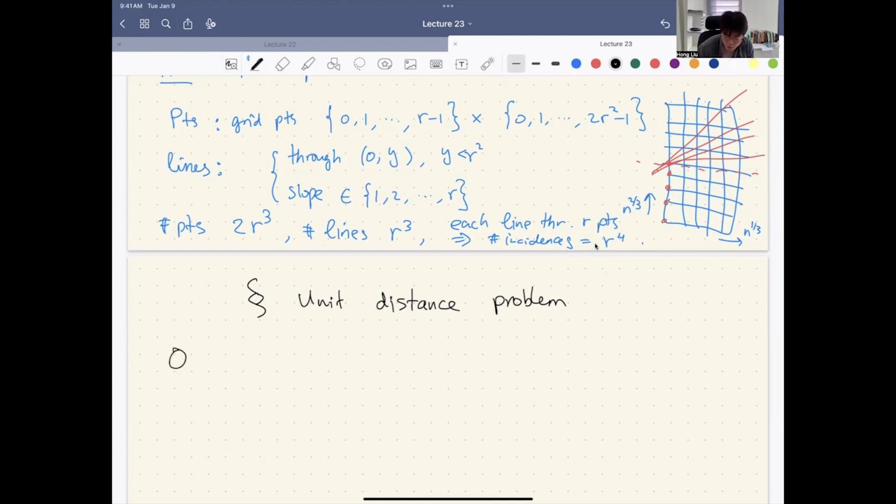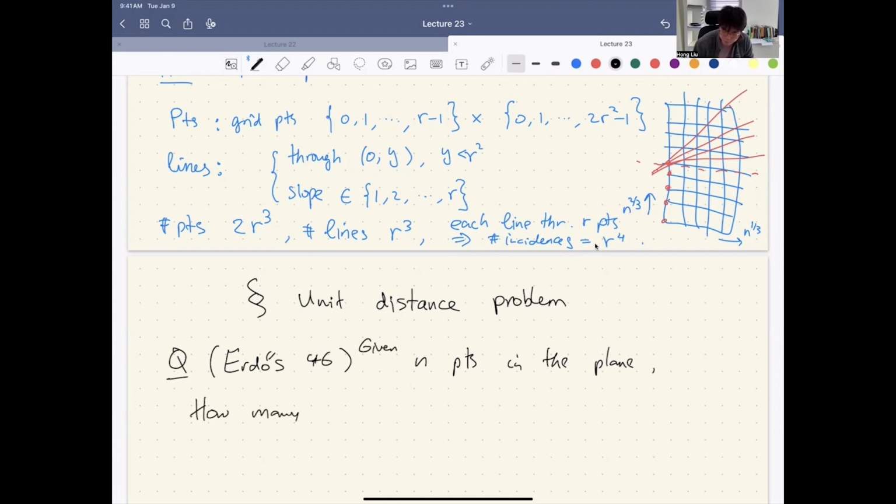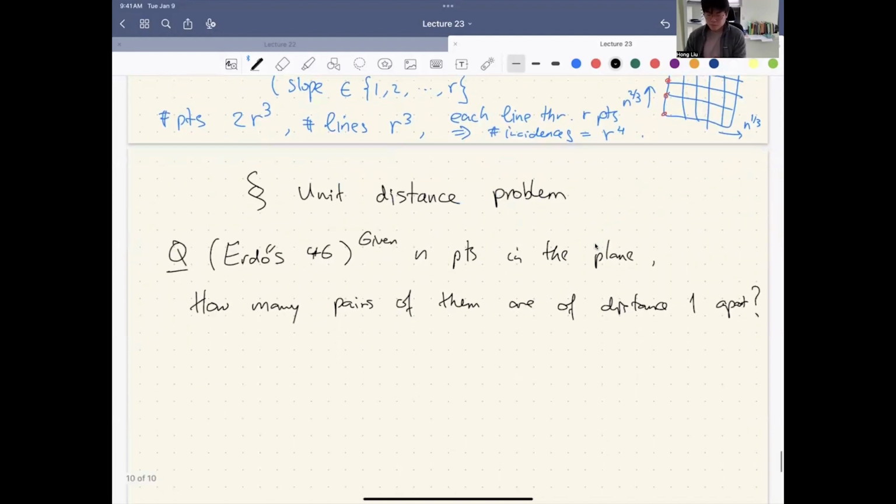So, the question, 1946: Erdős asked, given n points in the plane, how many pairs of them are of unit distance apart?